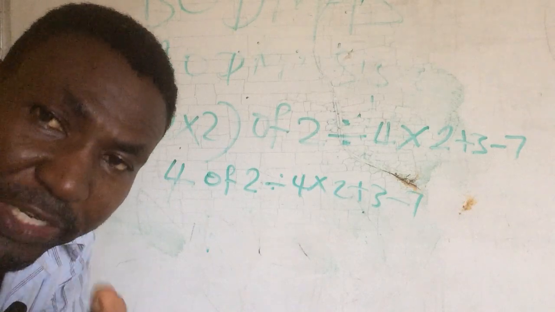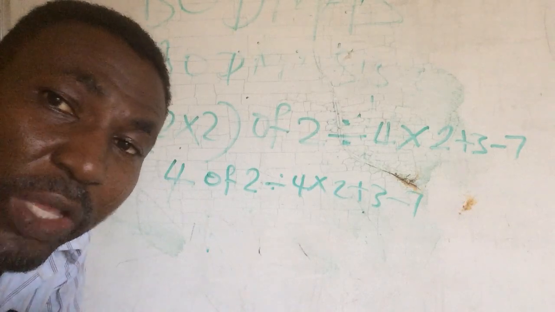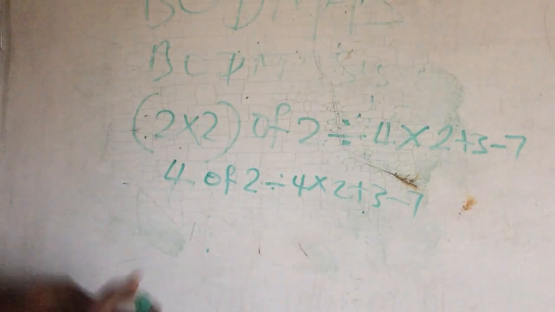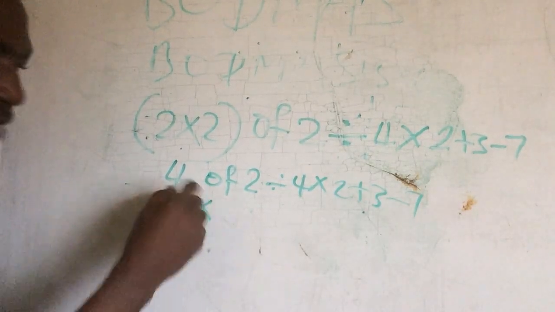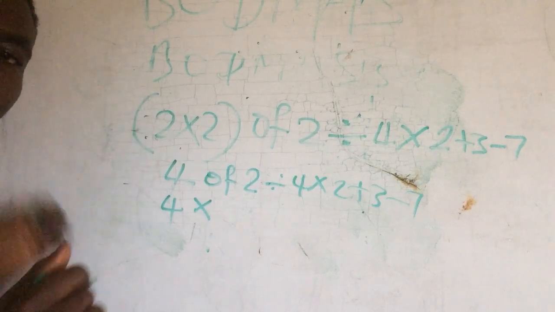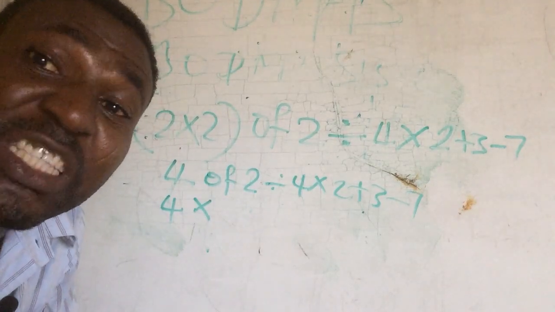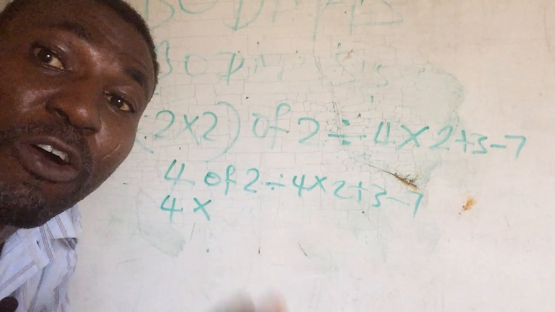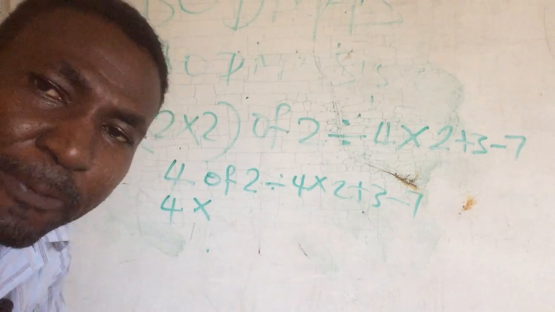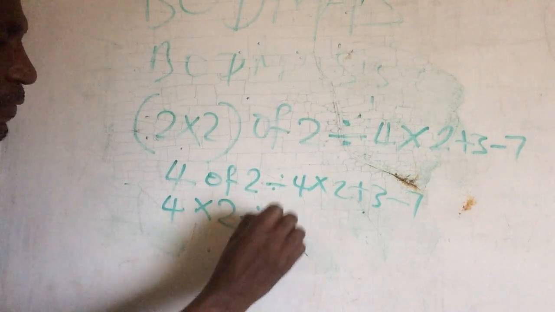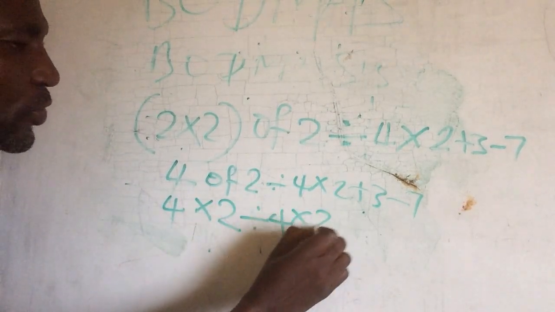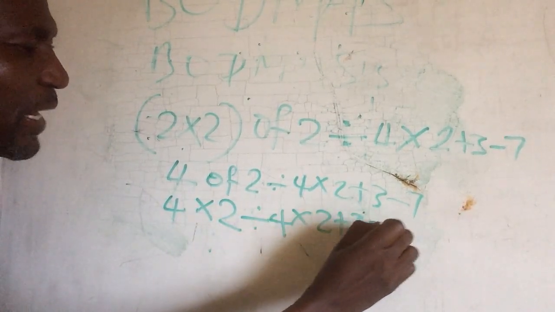If you put a multiplication sign, it means that you have taken away of. Taking away this of means times. Anywhere you see of in multiplication, it means times. You just remove that of and put times. So it is 4 times 2 divided by 4 times 2 plus 3 minus 7.